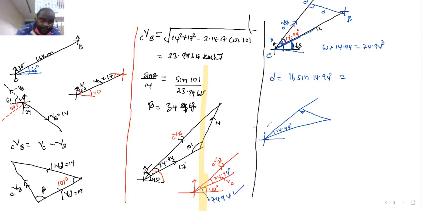What do we get? 4.12. You get? 4.12. Exactly.